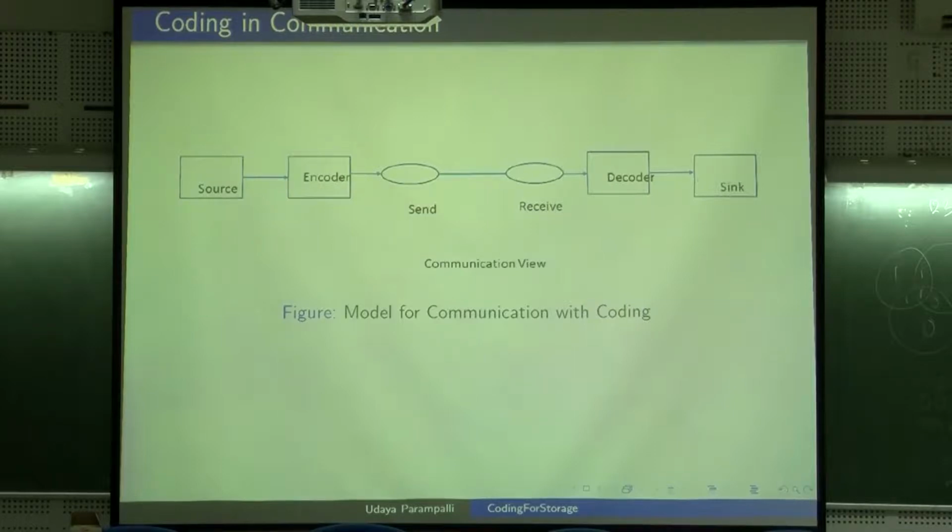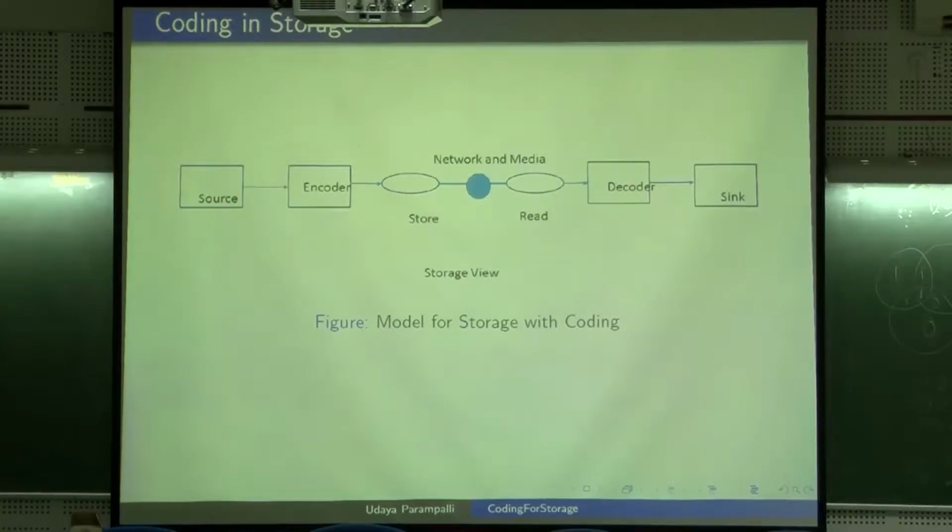So you have some information, and send and receive. Now what happens in coding for storage? You have a source of information, and you again encode it. Now the function that changes is store, and where you store can now be generalized. In the case of RAID it is pretty obvious: you will perhaps be using devices within one computer, or in some cases another.